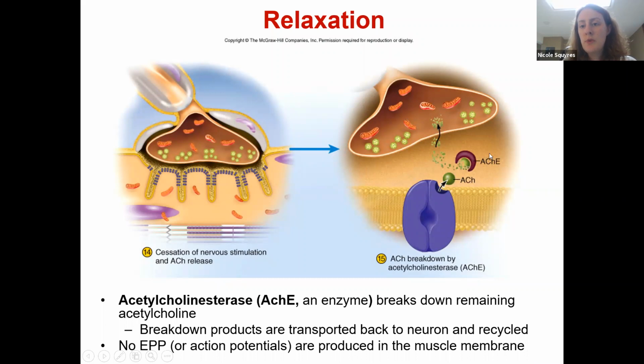But as you remove that acetylcholine from the synaptic cleft, all of these chemically gated channels here that would bind to acetylcholine are going to close up when there's no more acetylcholine. And so as they close, you're no longer going to have any end plate potential and therefore no action potential in the muscle membrane.